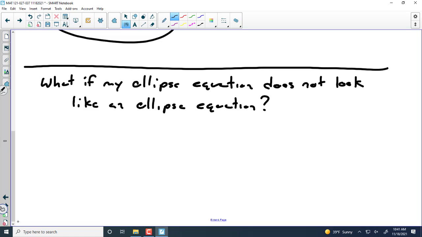Well, the center is always going to be at (0, 0). So they can't mess with it too much, but here's a way they can mess with you. This is actually the equation for an ellipse, everyone, but it doesn't look like an equation for an ellipse.